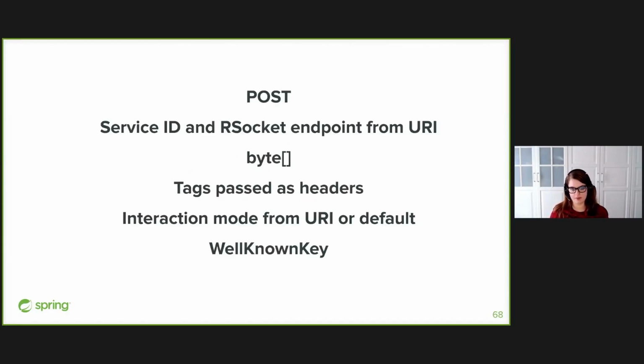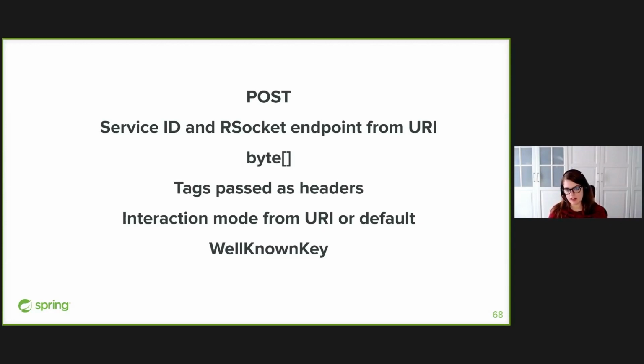So the method that we support is post. We support byte arrays as our content type. We also allow passing tags as headers, as I said. And you can also specify the interaction mode in the URI, so fire-and-forget or request-response and so on.